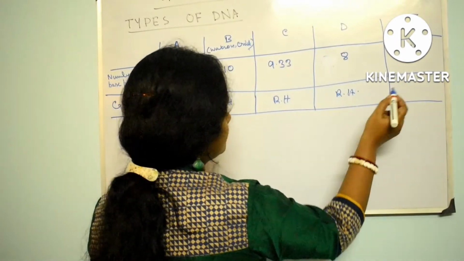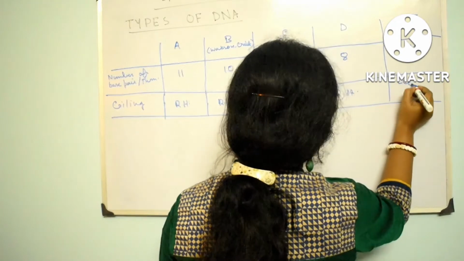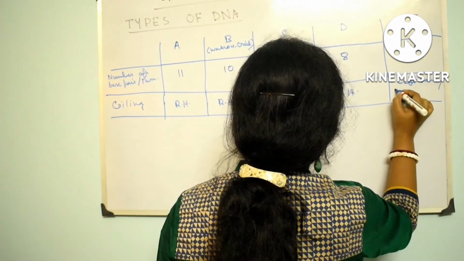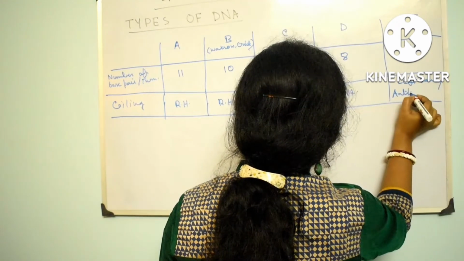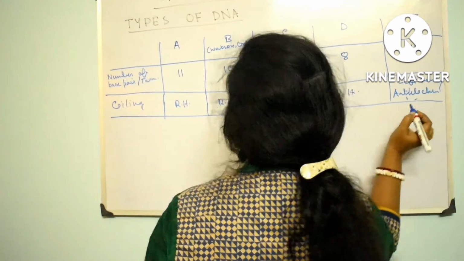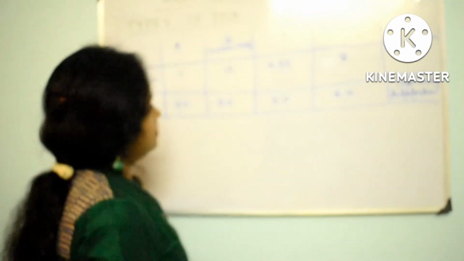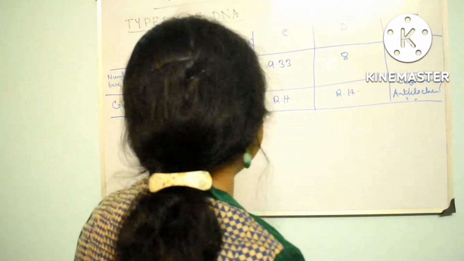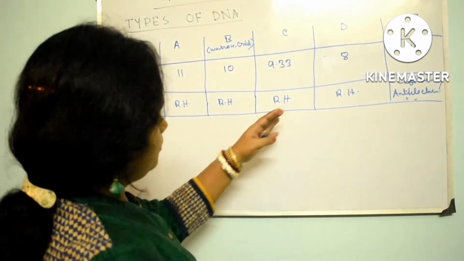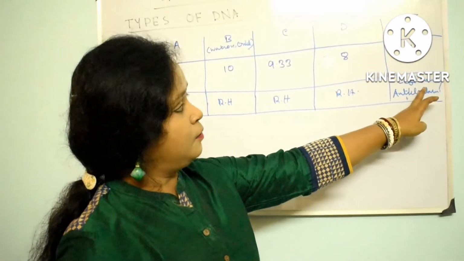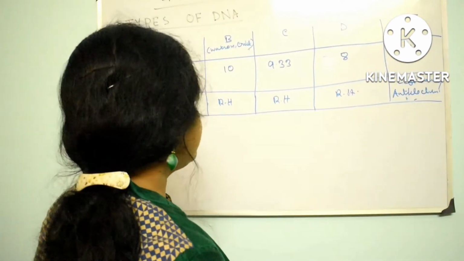Only in case of Z-DNA, left-handed or anti-clockwise coiling is present. So, this is the major difference. This is the main difference between these 3 types of DNA. As you can see, Z DNA is the only one that is left-handed.